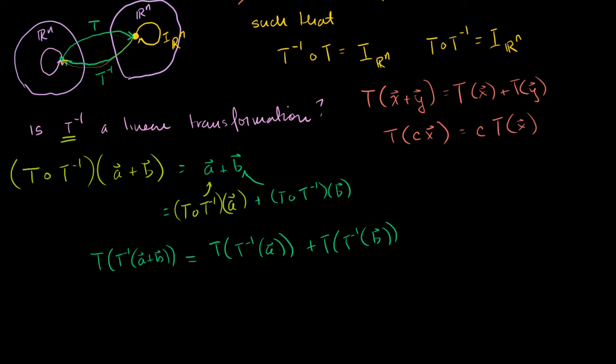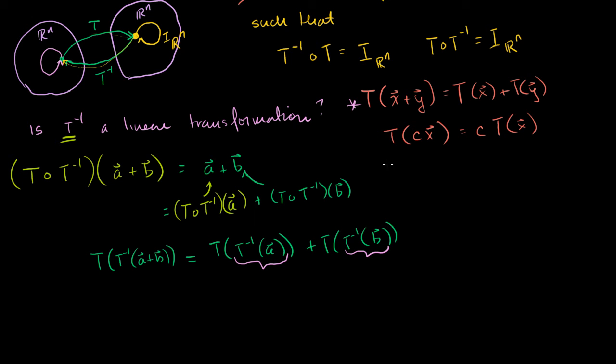We know that T itself is a linear transformation. And since T is a linear transformation, we know that T applied to the sum of two vectors is equal to T applied to each of those vectors and summed up. Or we could take it the other way. T applied to two separate vectors, so that we could call this one vector right here and this vector right here.